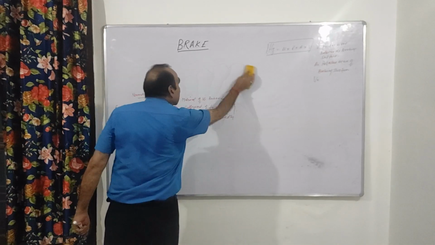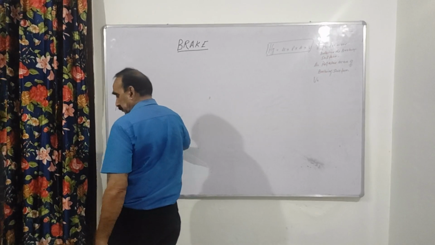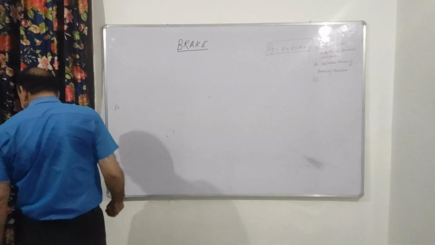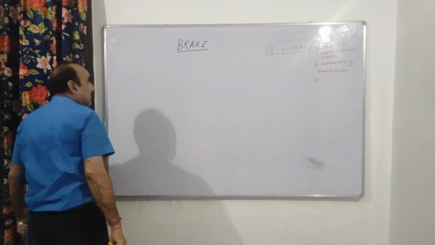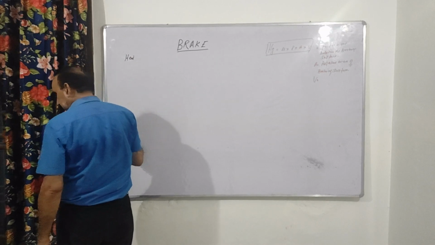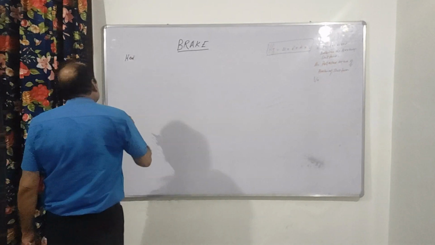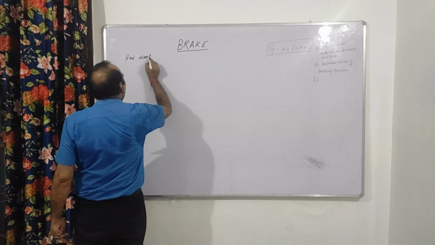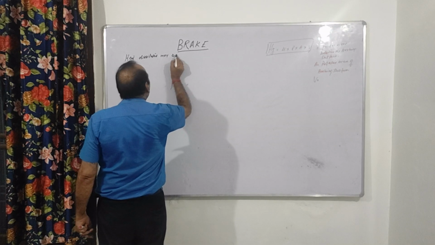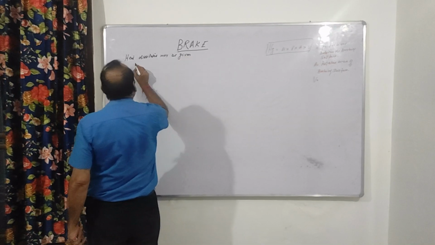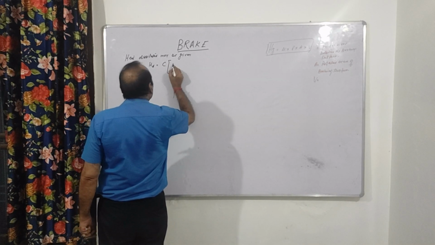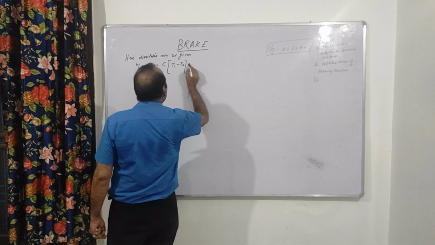This is heat generation, and heat dissipated may be given by Hd, this is equal to C into (T1 minus T2) into AR.